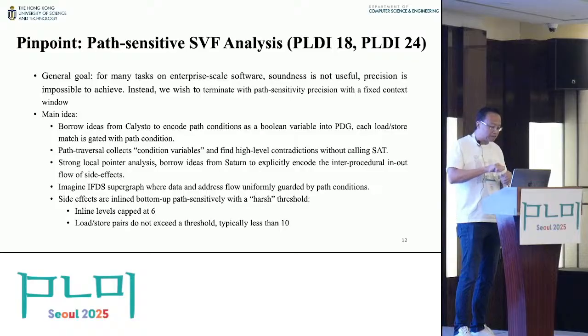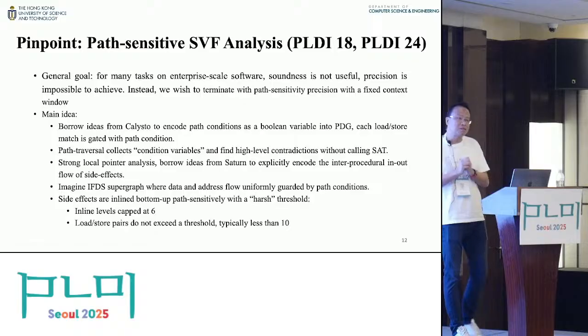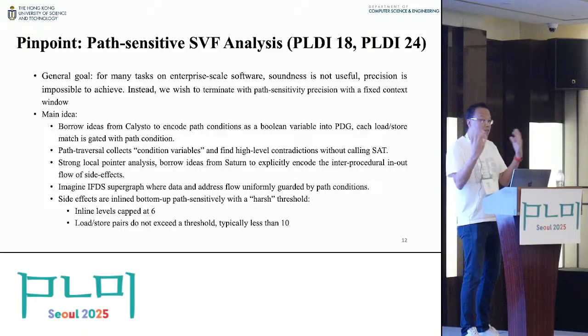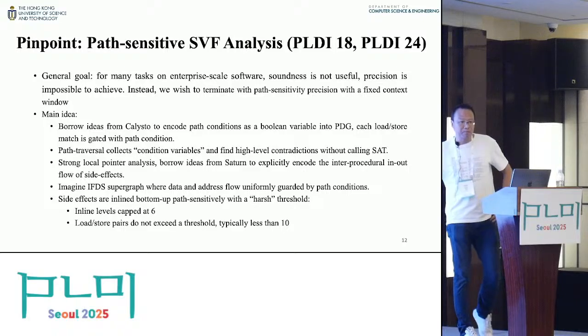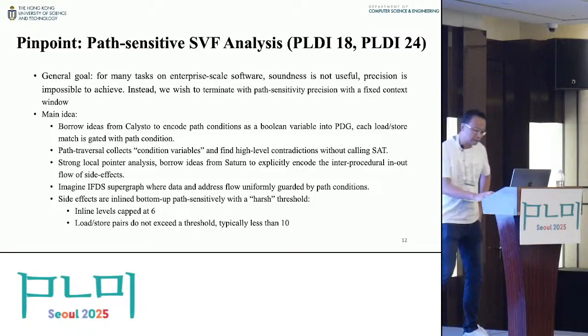And since every load-store pair is gated with path conditions, we have to limit the number of different paths that each load-store pair could be matched within a number, typically 10. This is the sort of limitation we impose so that the analysis can actually finish.